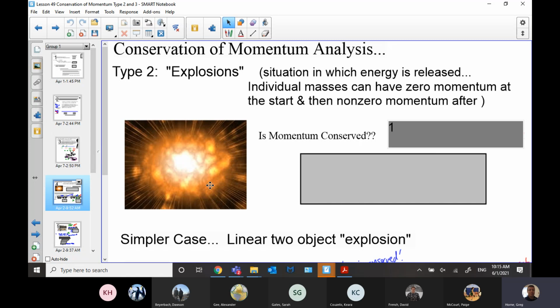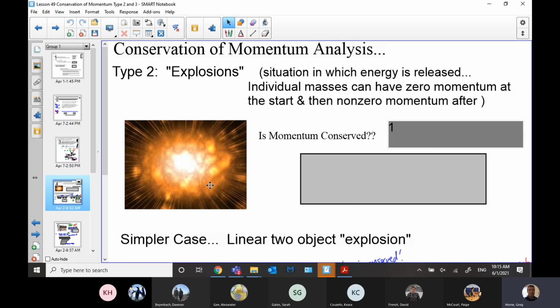This is the one that's sort of harder to imagine that momentum is conserved. Picture an explosion. It can be literally an explosion, like a grenade going off, which is an assignment question I have ready for you. Or it could just be like the little Pasco carts we have, the red and the blue carts, with a spring in between them.